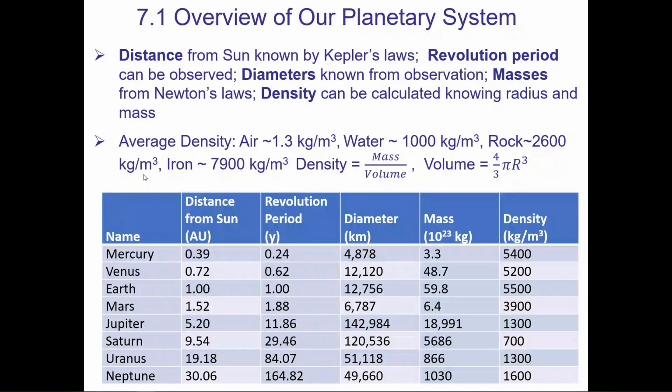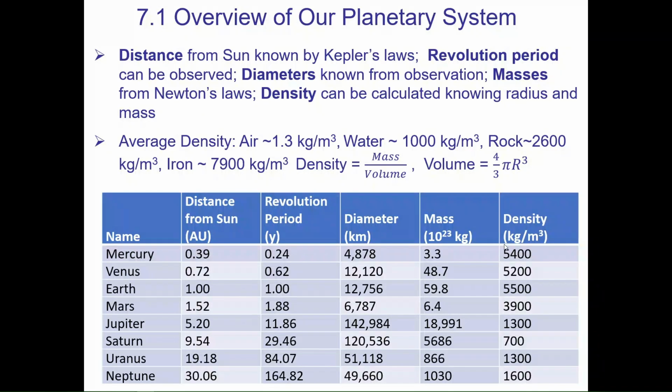Another very important material we believe makes up the planets is iron, which is about 7,900 kilograms per cubic meter. So if you look at the density calculated using this equation, we will have a little bit of an idea of what they are made from.